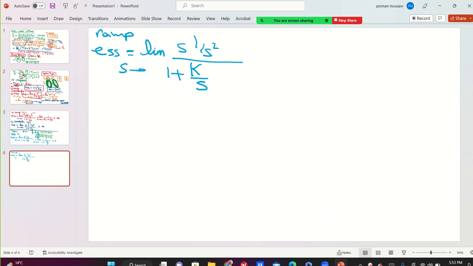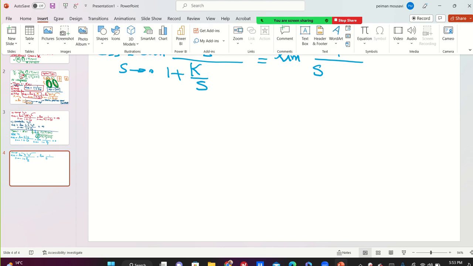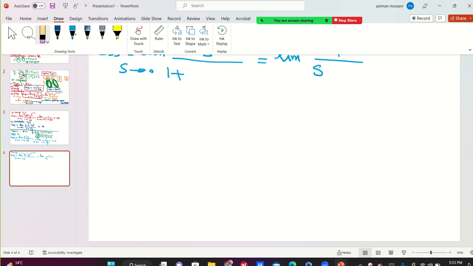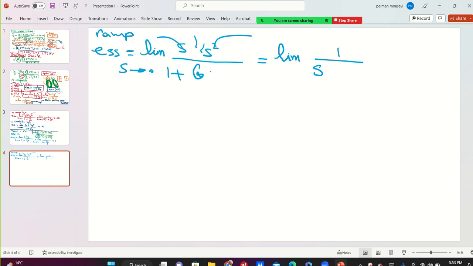When I put 0, this s with one of these goes away, and you can write this as 1 over s. Let me not do that because I want to define a new parameter. I'm going to put G of s plus s G of s when s goes to 0.